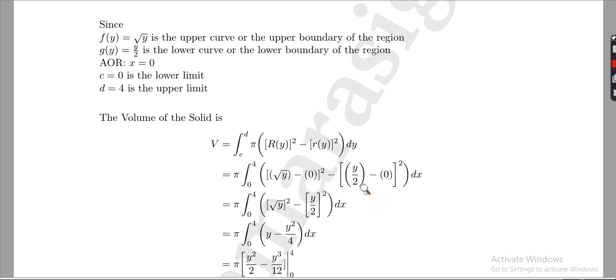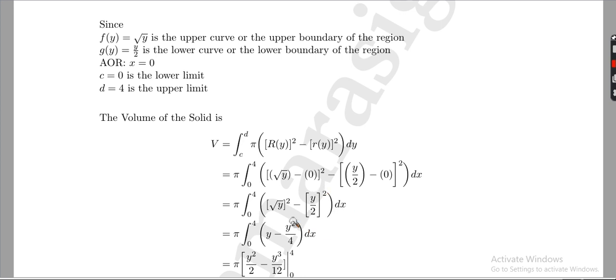Okay, then substitute natin lahat ng values na nakuha natin here. So your outer radius is square root of y, then square, minus your inner radius y over 2, then square.